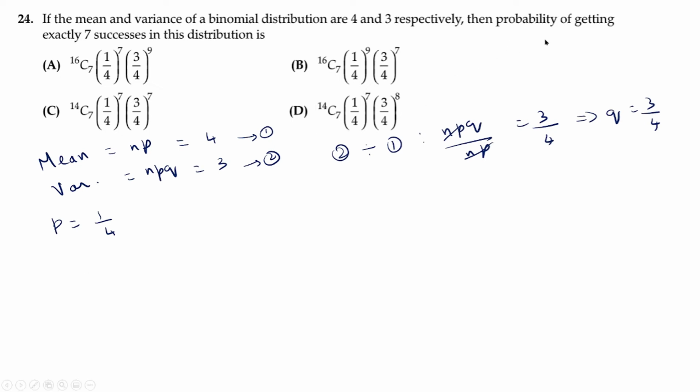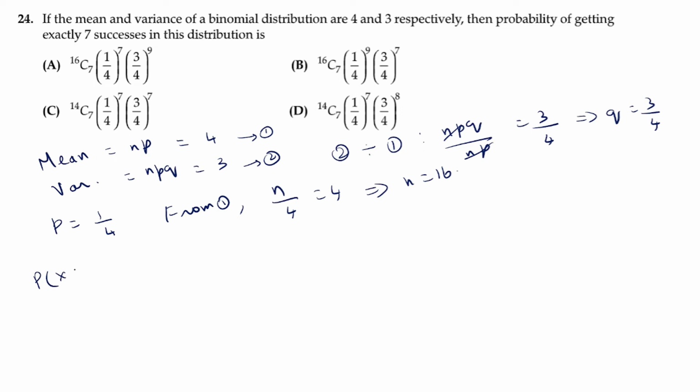Now here it is asked probability of getting exactly 7 successes. We need to know n also. So from 1, np equal to 4, n by 4 equal to 4 implies n is 16.